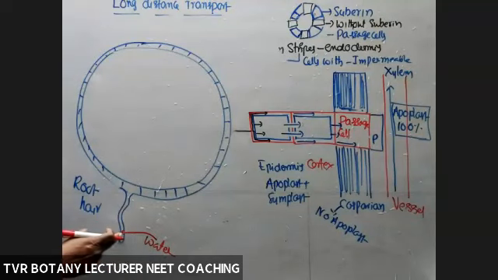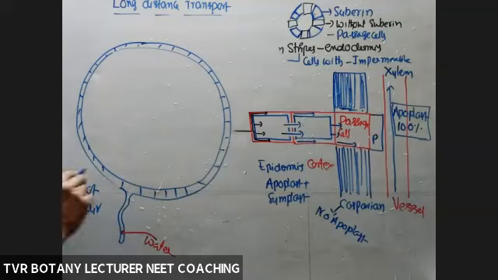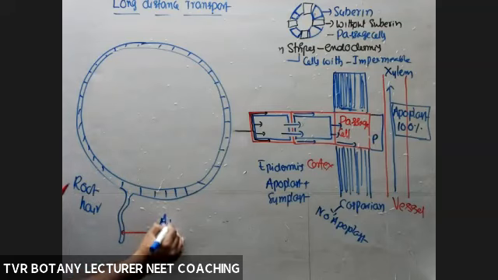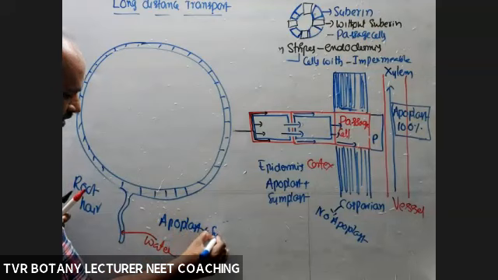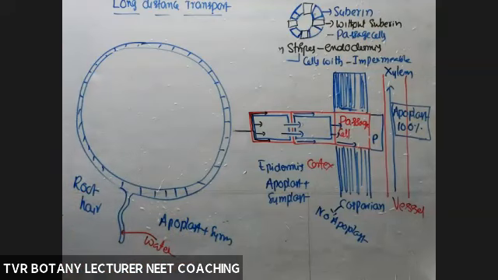Now water is passively transferred into the root hair. So in the case of root hair, both apoplast and symplast are possible. Use an arrow, that is the direction, a line through the root hair, epidermis.